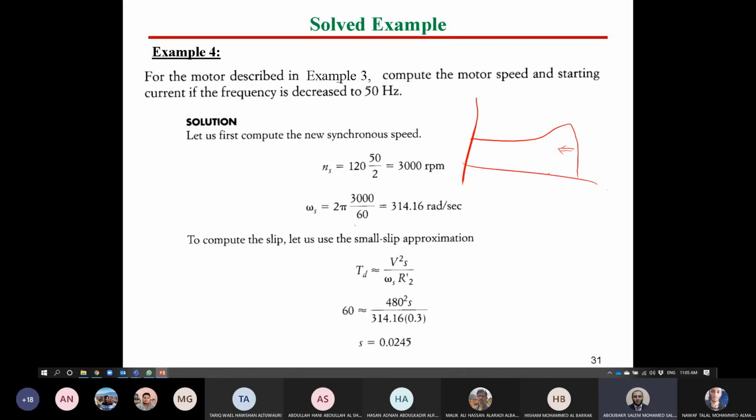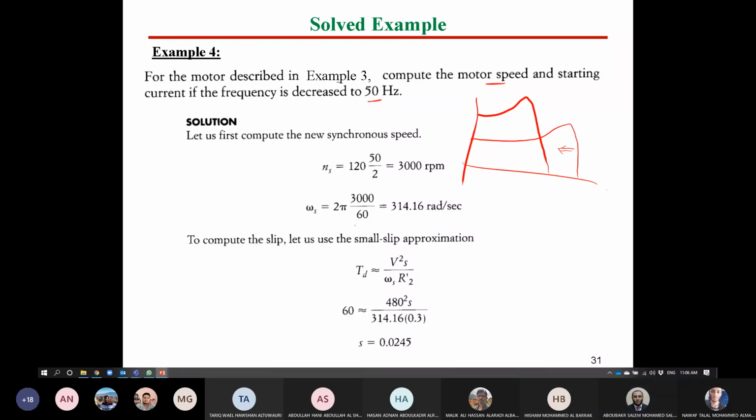T maximum will be increased, because it's proportional to 1 over F, and T starting as well will increase. So we expect to have a characteristic like that if we decrease the frequency. So in this case, by reducing frequency from 60 to 50 Hertz, we need to compute the motor speed and starting current. How can we do that?